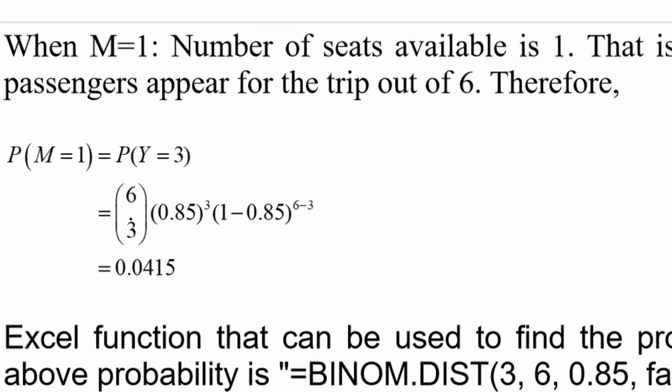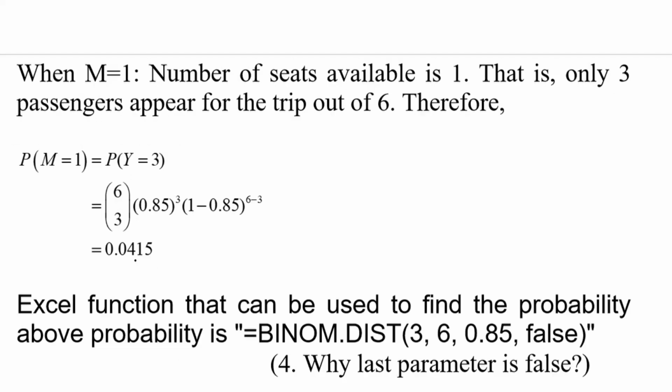Using the binomial distribution PDF, the probability of this is 0.0415 and the Excel function that we can use to find this probability is BINOM.DIST(3, 6, 0.85, FALSE). Right? FALSE because here we need to find exact probability, not cumulative probability.